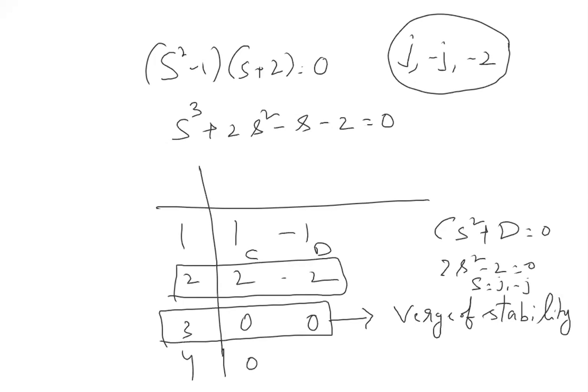Sorry, this is s square plus 1. Sorry, plus 1. S square plus 1. Then what happens? This is plus 1 plus 1. This is plus and plus. But the system remains same. So take it as s square plus 1 into s plus 2. S square minus 1 means it is unstable, no? So 1, 1 and 2, 2, the entire explanation remains same, but only the equation is s cube plus 2s square plus 2.